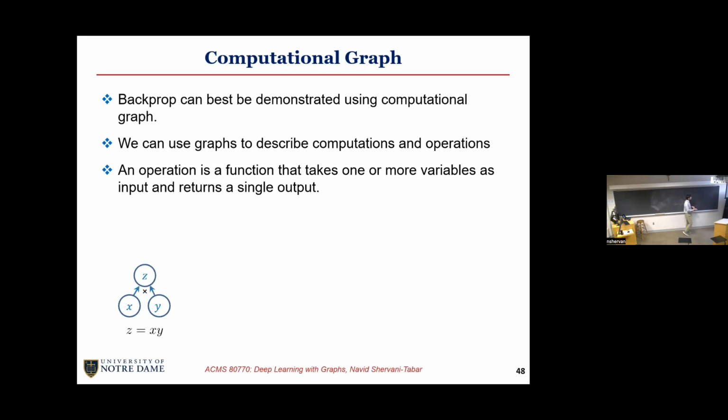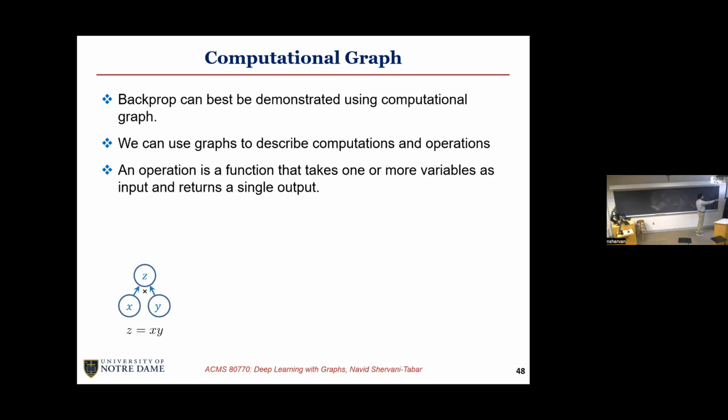In a computational graph, we're representing each variable with some node, and we're representing operators as a function of two nodes or multiple nodes with output a single variable. And that's without loss of generality. So we can generalize that with multiple outputs as well. And then each directed edge is representing an operator that applies on x and outputs a variable z, right? So for instance, I have this very simple example here.